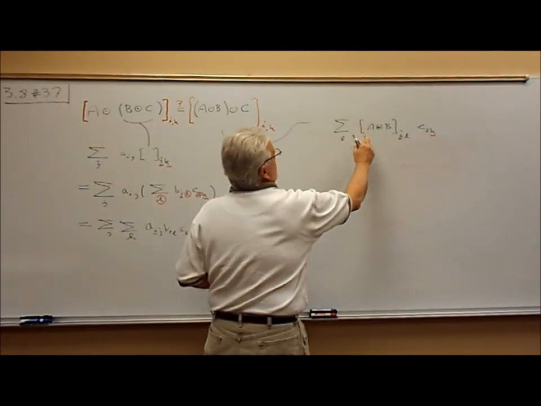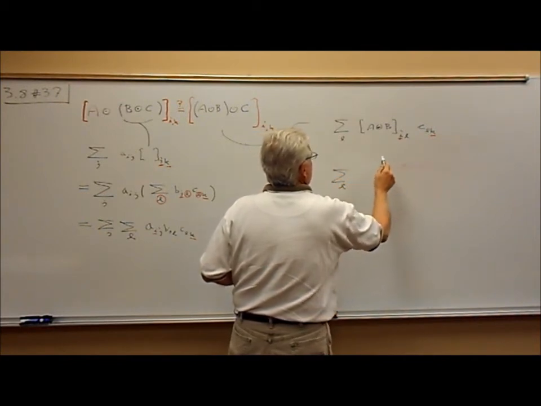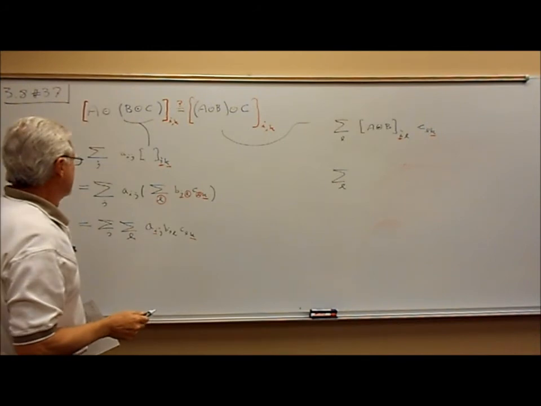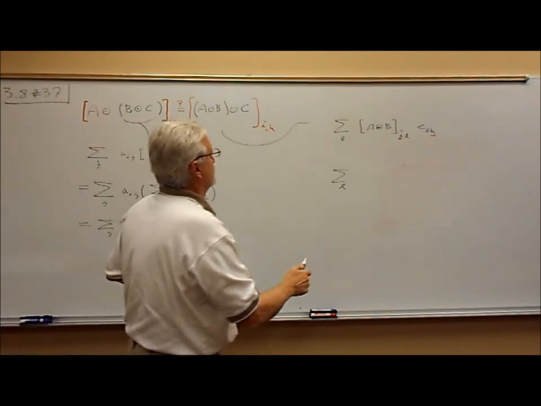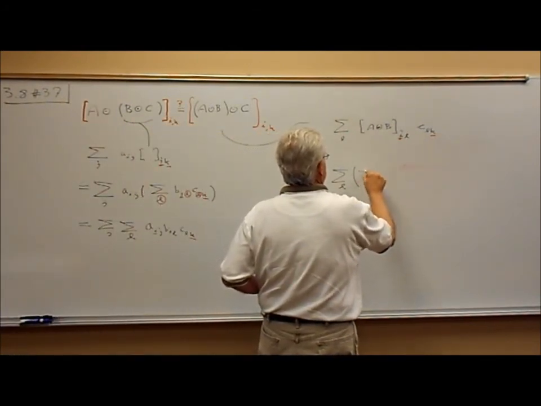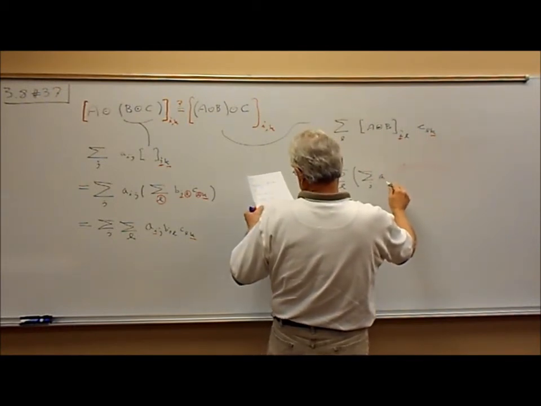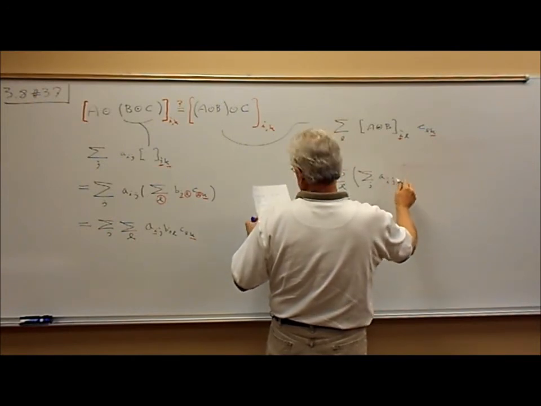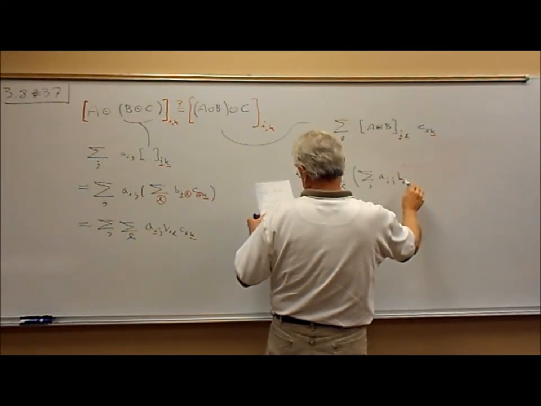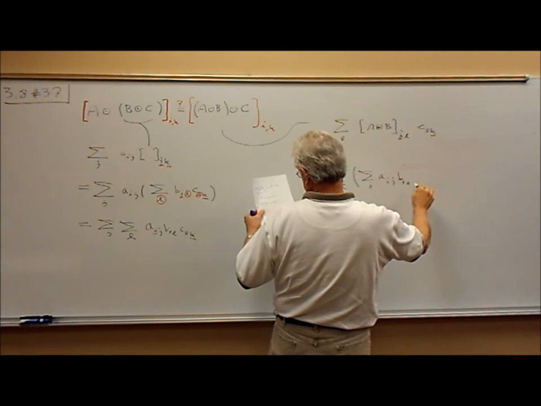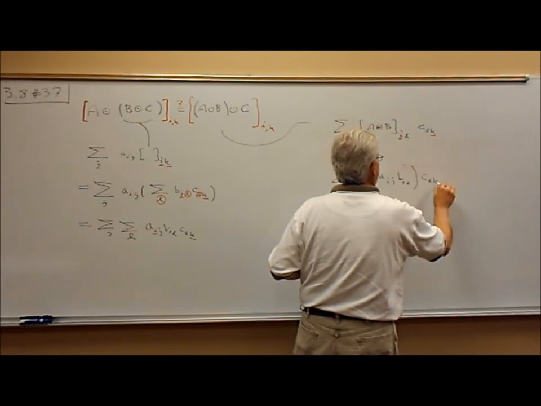Now we want to expand this A times B just like before. So we want the I-L entry of that, and I'm going to use J for my summing subscript there. So that will be the sum over J of A-I-J times B-J-L, and then C-L-K here.